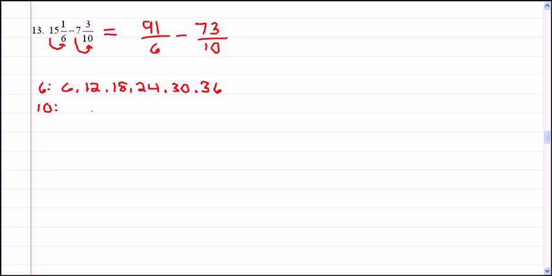I usually stop at 5 or around 5, or if I get a match, and if I don't have a match in my two lists, I just expand the lists. And on this one, I'm actually going to stop right here because I see that 30 is the least common denominator.